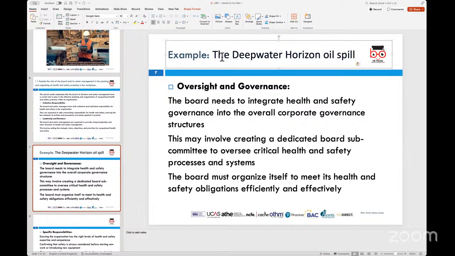And this led finally to this particular explosion, which led to a lot of loss of life and obviously the oil spill off the Gulf of Mexico.